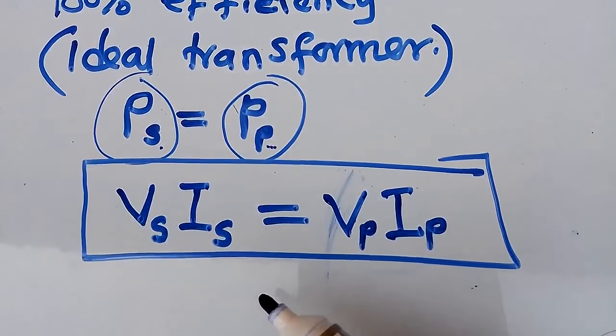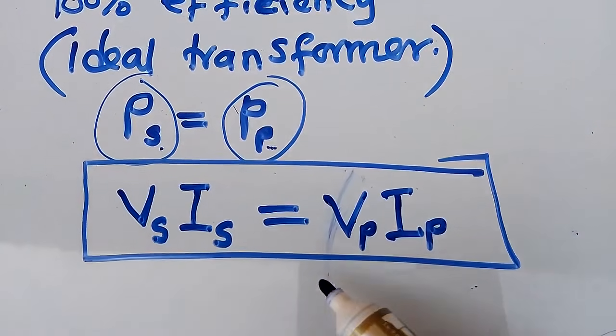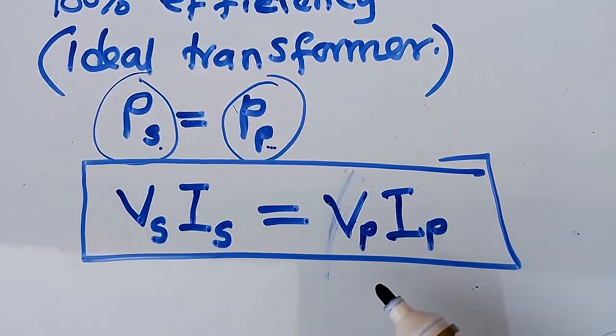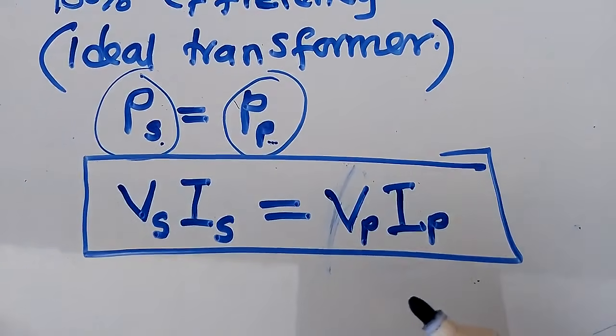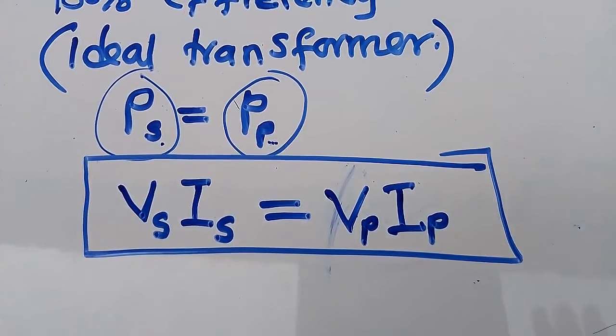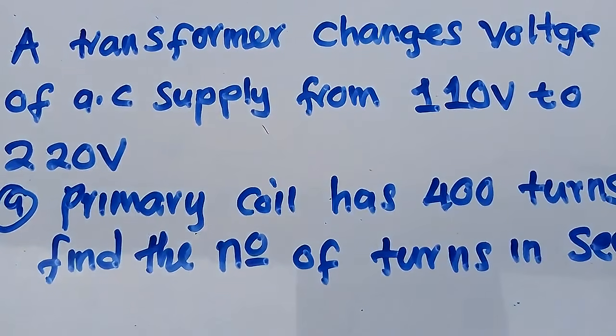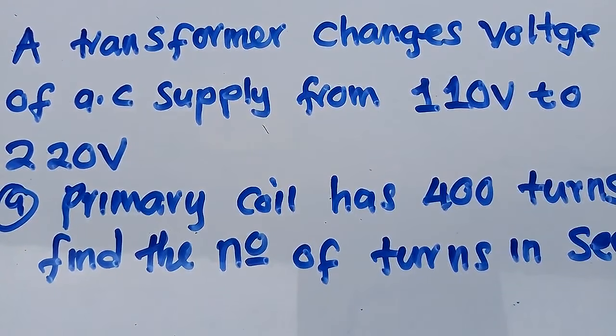So before we close, let me give you a question under this. Let us revise through one question and we end this lesson. This is very simple. This is all that you need to know under a transformer. In my next video, I'll give questions.